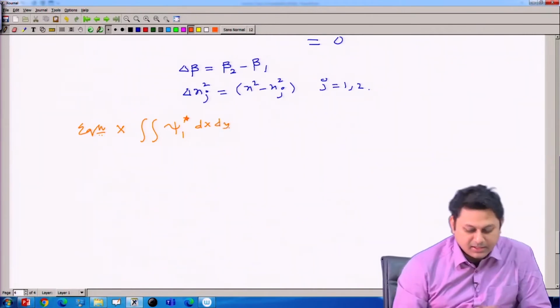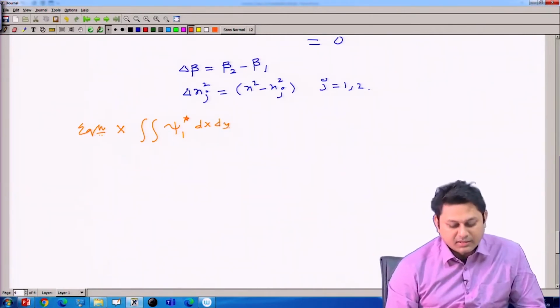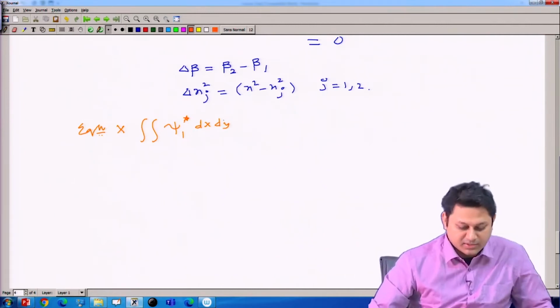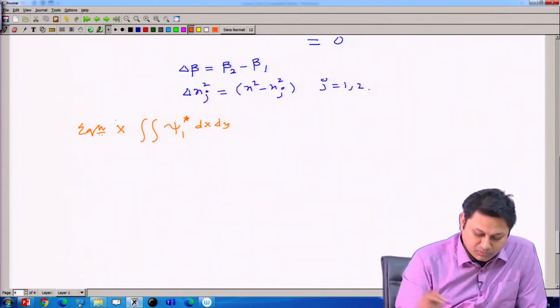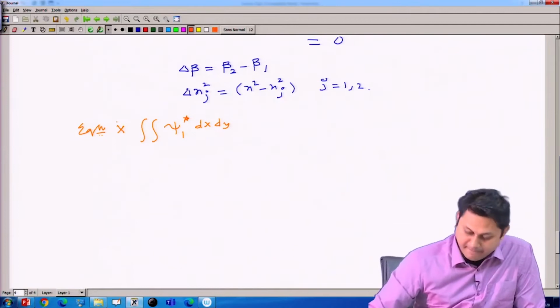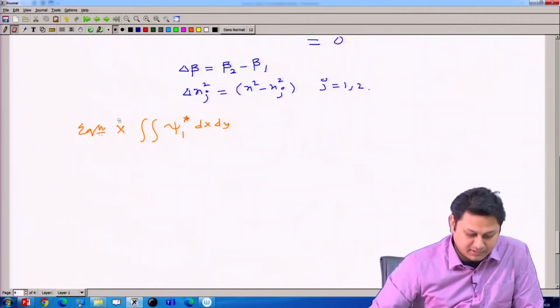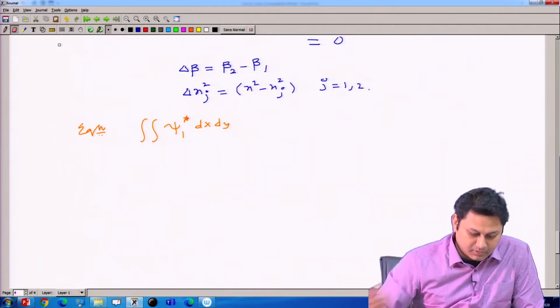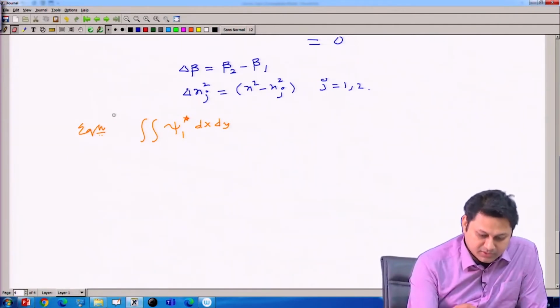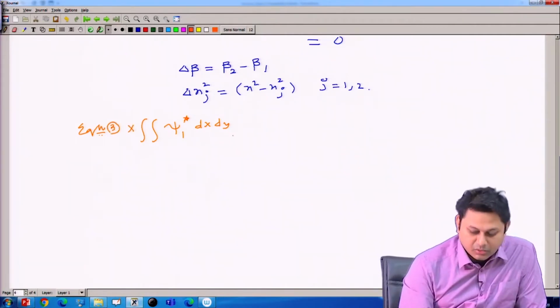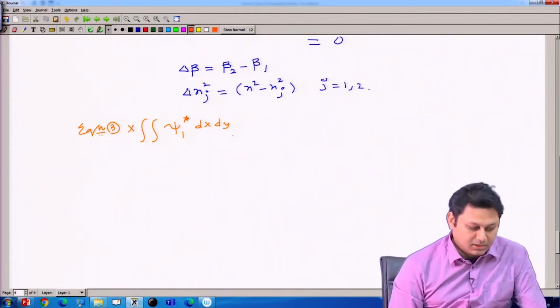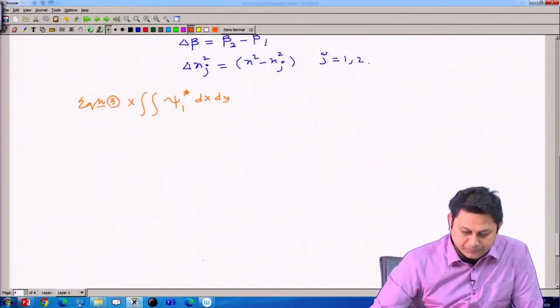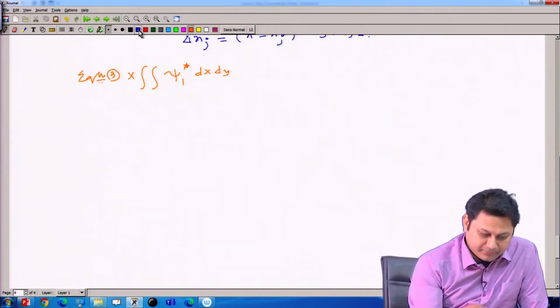I am going to multiply this psi 1 star dx dy to the entire equation, so equation 3 into this term.